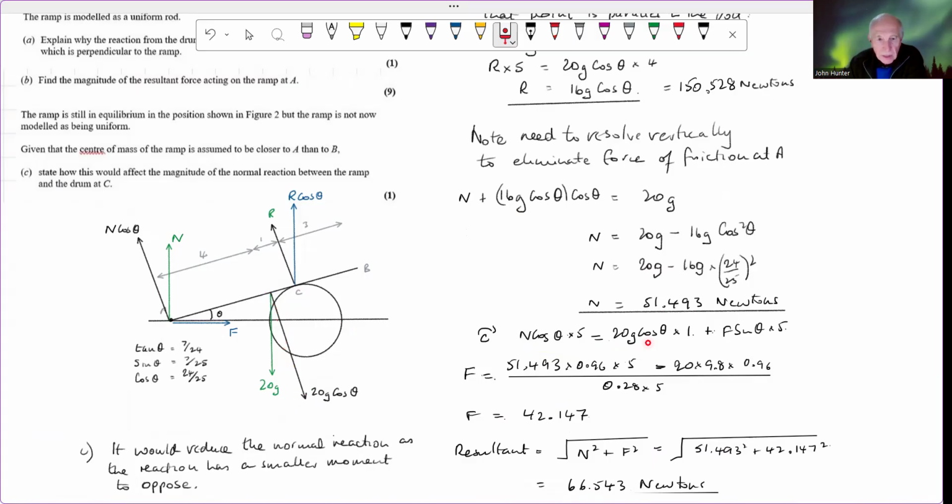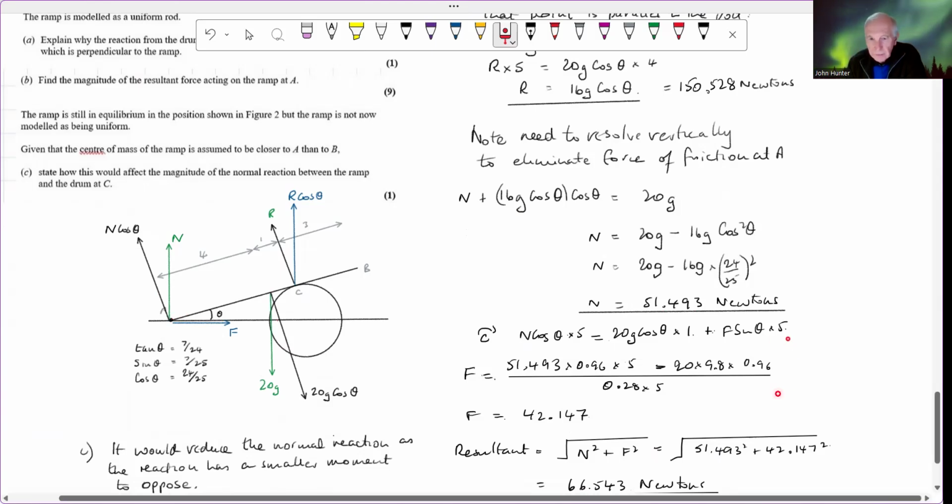Then the anti-clockwise ones are, first of all, this resolved part of the weight, 20G cos theta, which is acting at 1. 20G cos theta times 1. And then we've got this friction. If we resolve this friction in the direction perpendicular to the ramp, then that's going to be F sine theta times the distance from C to A, which is 5.